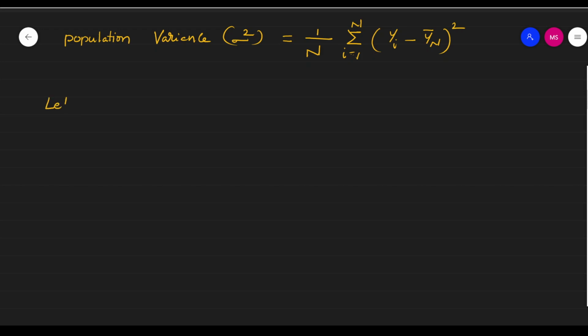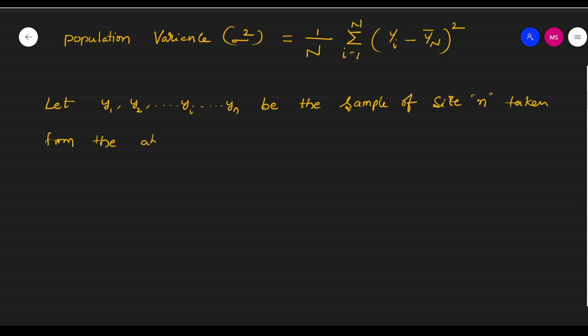So let small y1, small y2, and so on, small yi, and so on, small yn, with a sample of size small n taken from the above population.